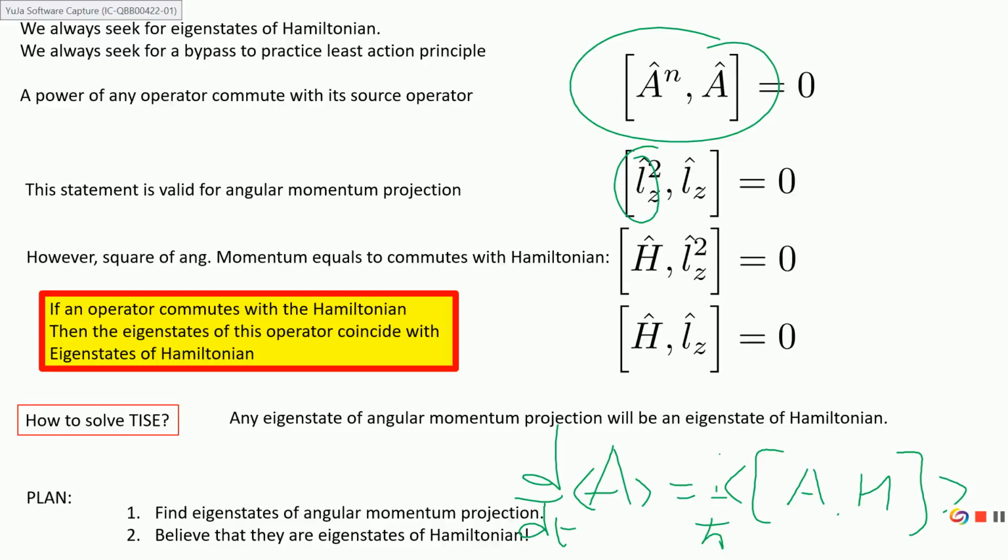Please consider the orange color. There will be a constant. If you have an operator in the power n, then these two things will commute to give 0. Right?